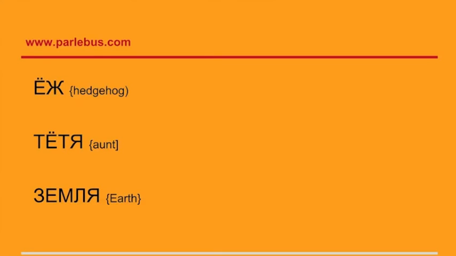That's right. Тётя. And finally, earth, like the planet Earth or earth, the ground. Земля. Why do you think it is spelled земля? Well, because it is the correct spelling, and when we say земля, that's simply because the pronunciation of the unstressed ye is more like i.